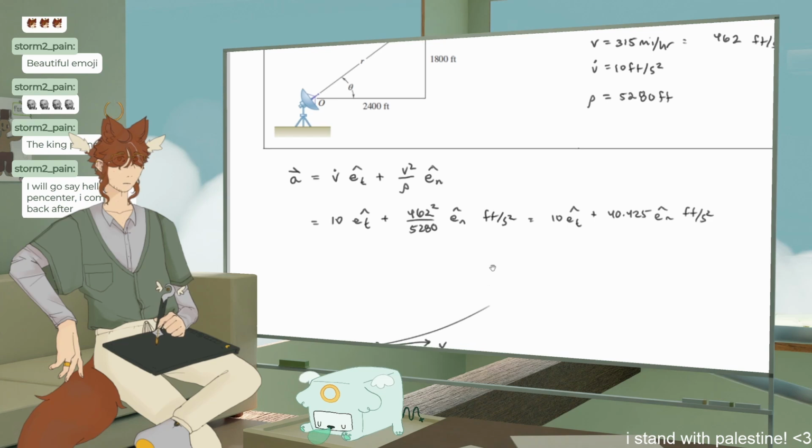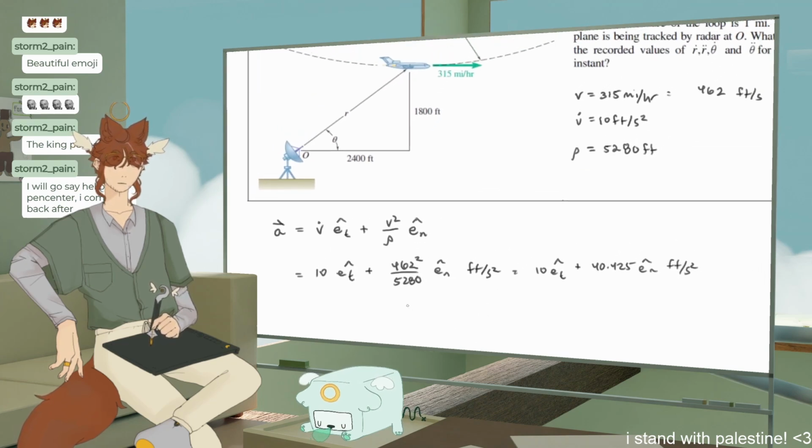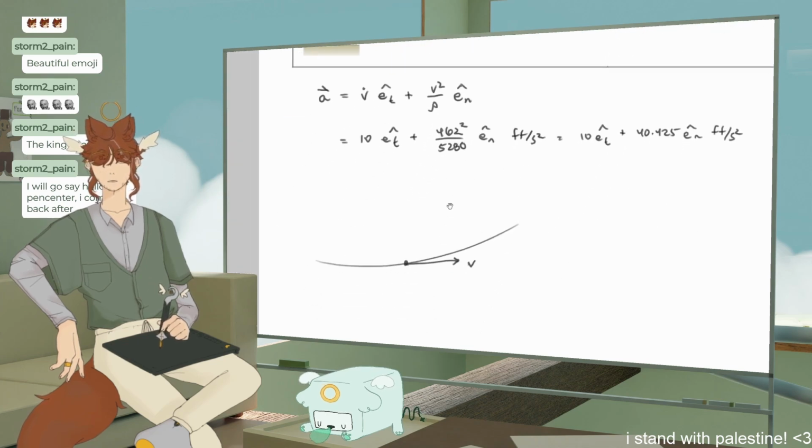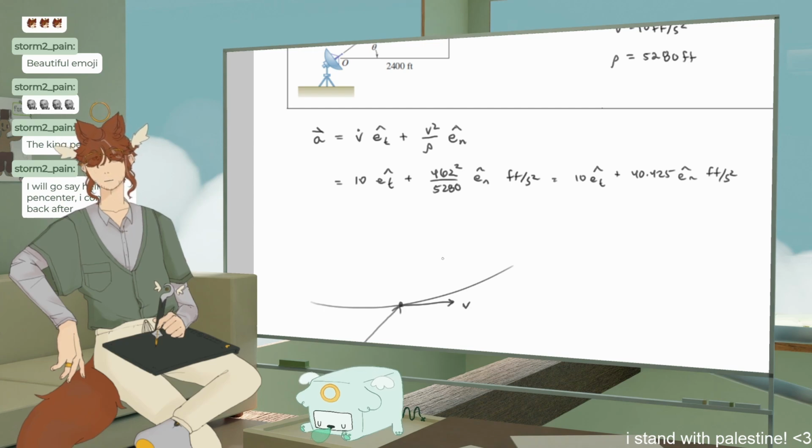So we got V, in terms of the plane being tracked by the radar at O. So that's R down there. This is our R. Let's see, 24, 18, 30, 60, 90 triangle. 2400 squared plus 1800 squared.